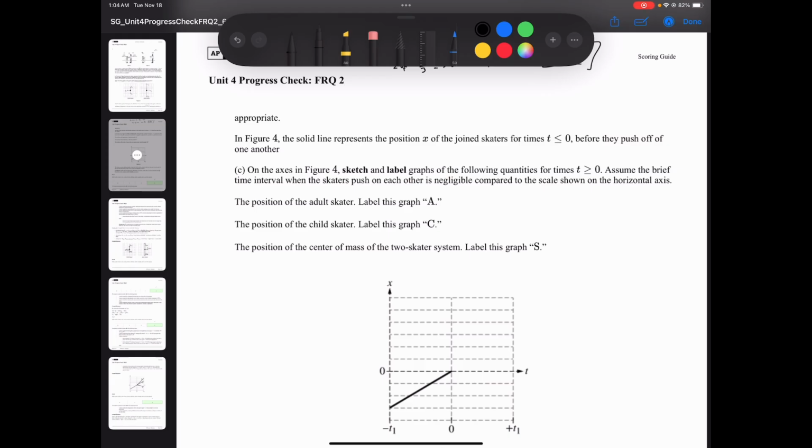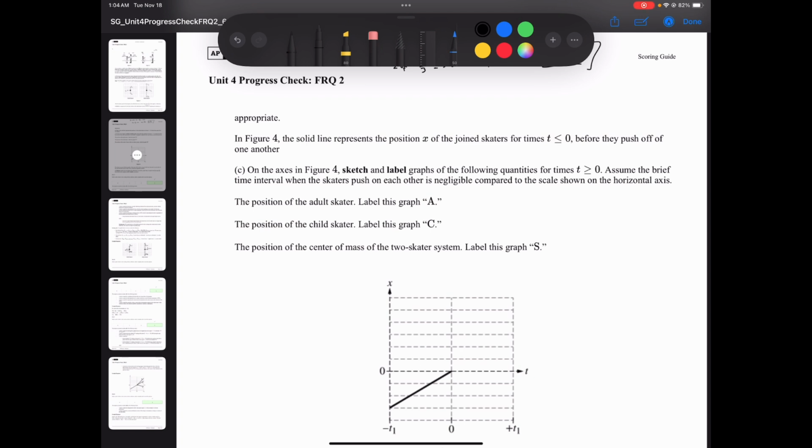This is the position as a function of time before they push off and then after they push off, and we have to draw the position of each skater. So for the adult, we label it A. For the child, we label it C. And then we have to do it for the center of mass of the system, and we're going to label that as S.